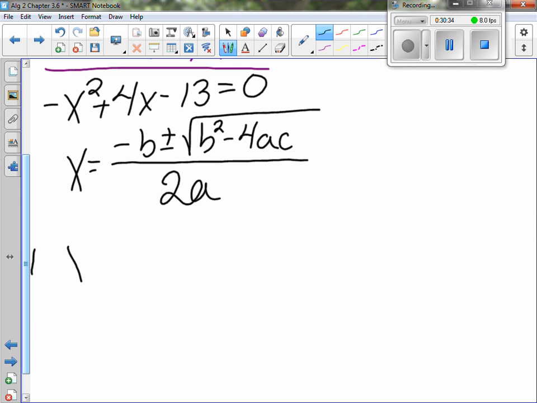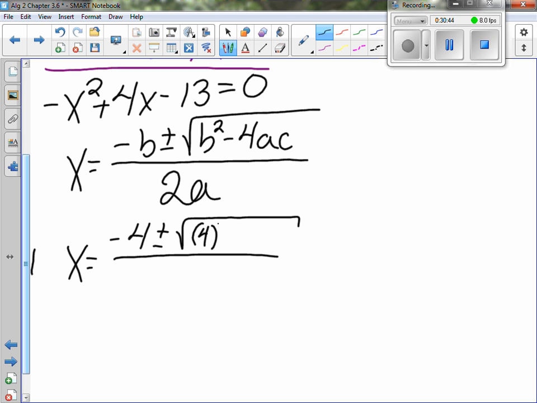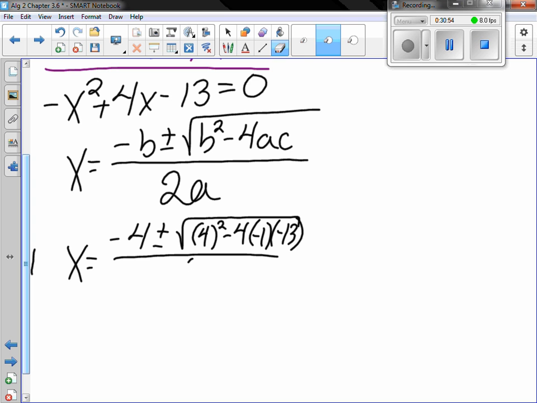So negative b is first. Well, we'd have negative plus or minus the square root of 4 squared minus 4 times negative 13 all over 2 times negative 1, which is going to be negative 2.